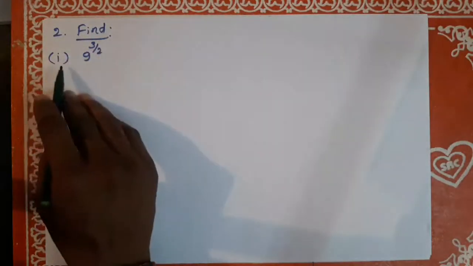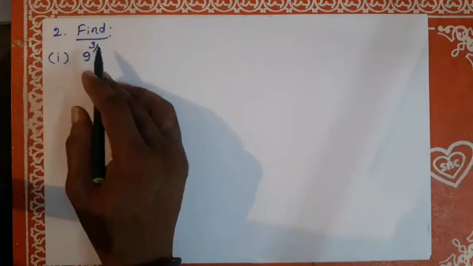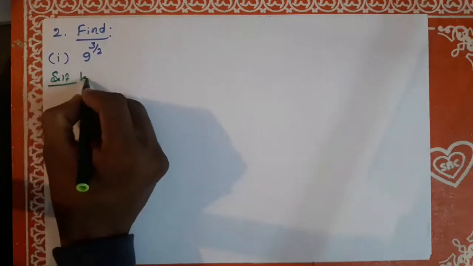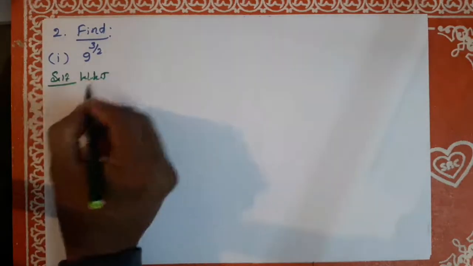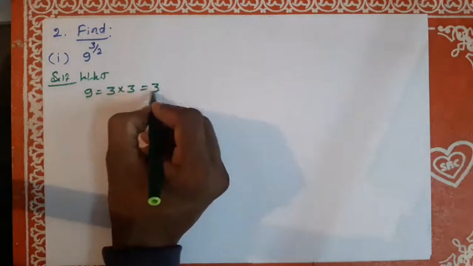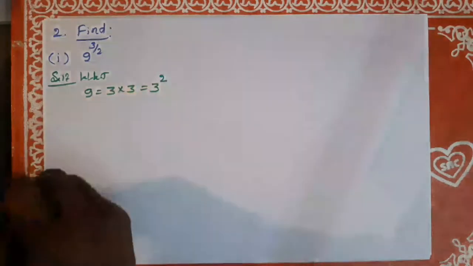Dear students, second main, find. First question we have 9 to the power of 3 by 2. Solution. We know that 9 is equal to 3 into 3, which in exponent form is 3 square.